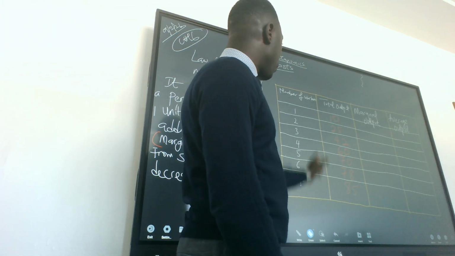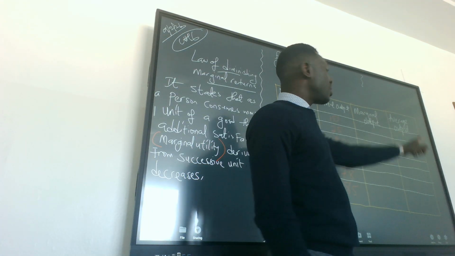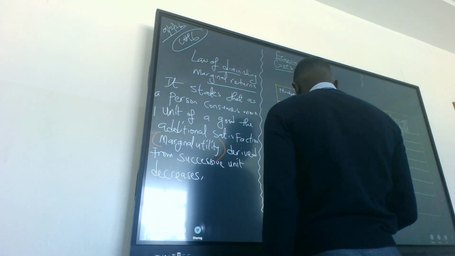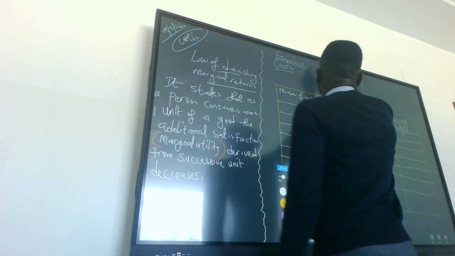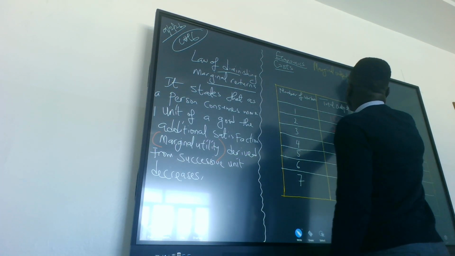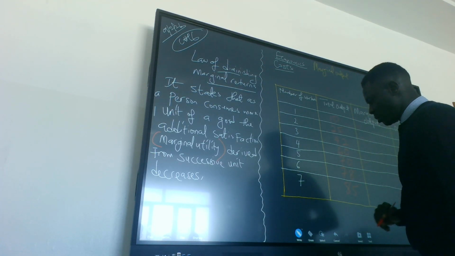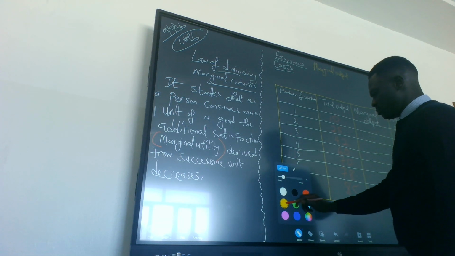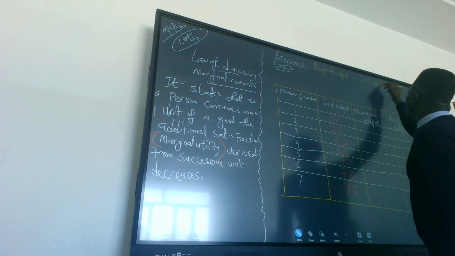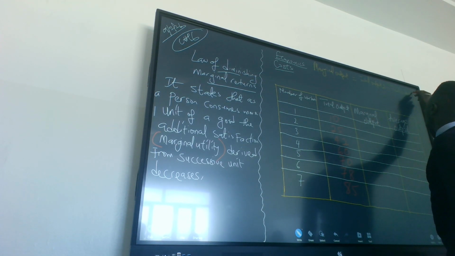So here we have the numbers of workers, we have the total output. Now we're looking for the marginal output and the average output. So how do we calculate marginal output? For marginal output, it is total output 2 minus total output 1.